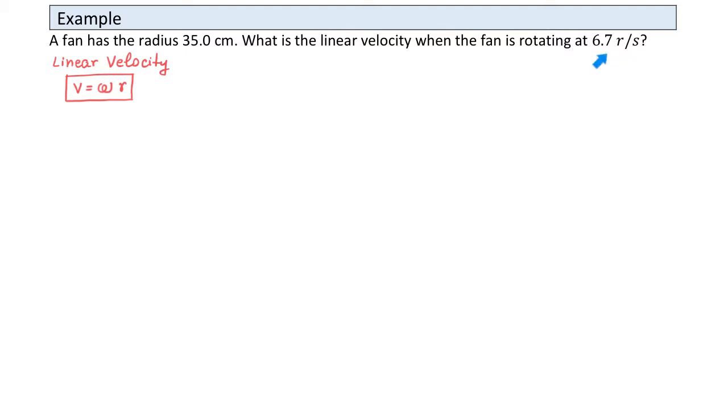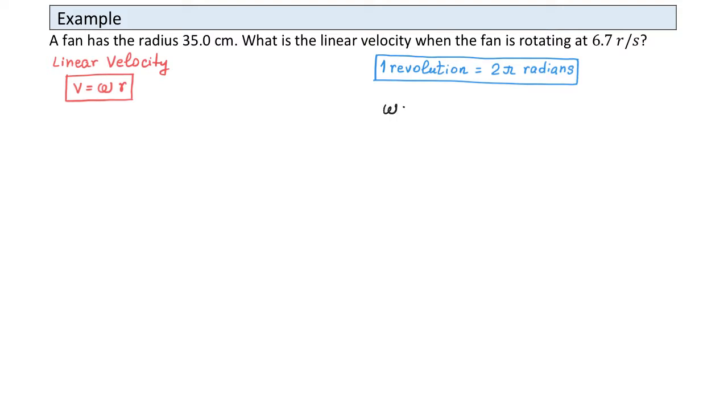However, to be able to use this quantity in the formula, we need to convert revolutions per second into radians per second. So we will do this first. We know that 1 revolution is the same as 2 pi radians. Using this, we will convert the angular velocity from revolutions per second to radians per second.